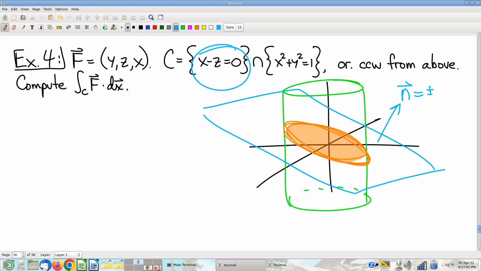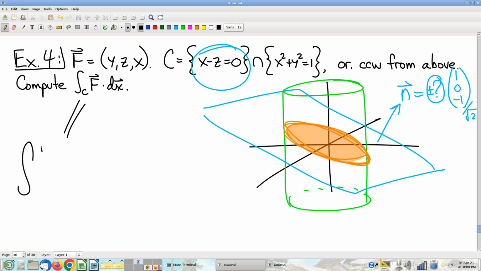Now there's the issue of orientation that I'm going to get to later. But other than that, we're talking about 1, 0, -1. And then I've got to divide by the square root of 2 to make it a unit vector. But I know my unit normal's got to be pretty much that, asterisk, worry about orientation. So let's write down then Stokes' theorem, which we know applies.